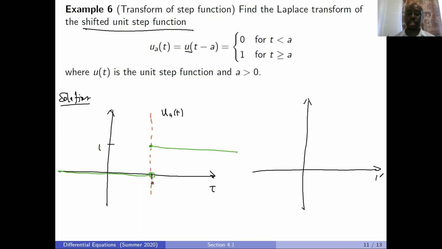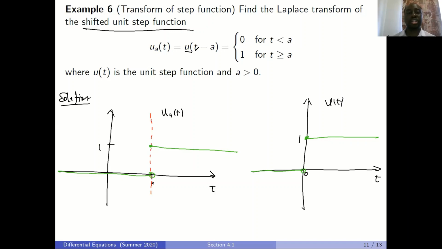So this is my t, and the unit step function is 0 if t is less than 0, otherwise it is 1. So this here is 1, and this is u of t.